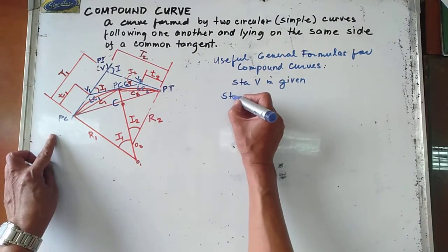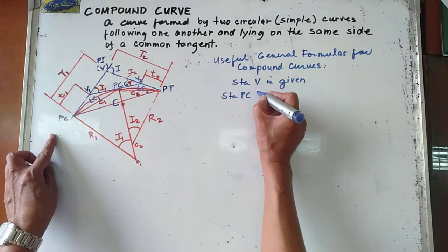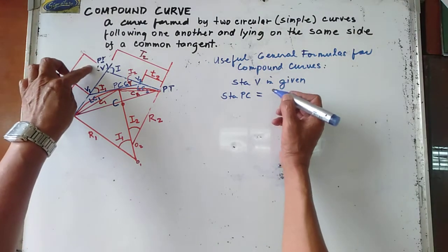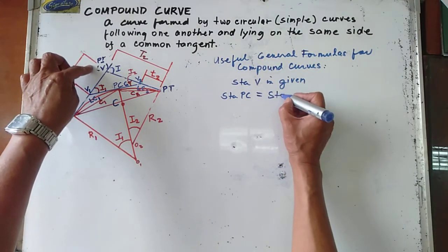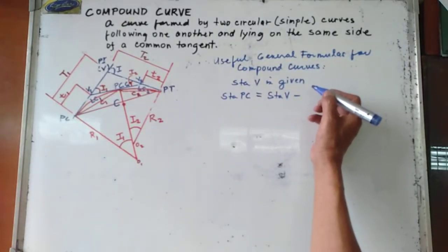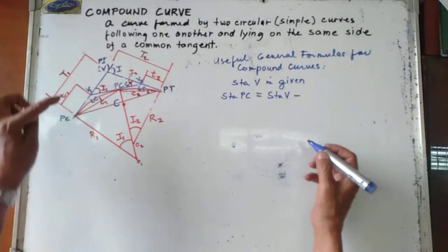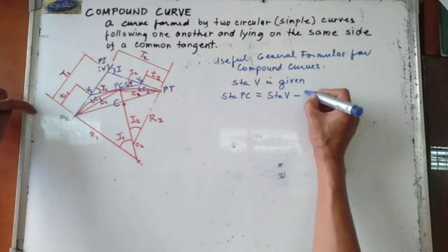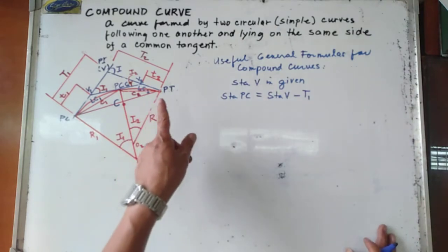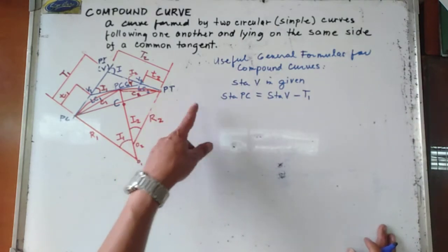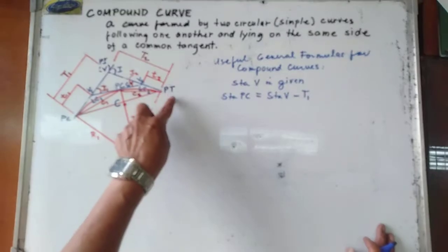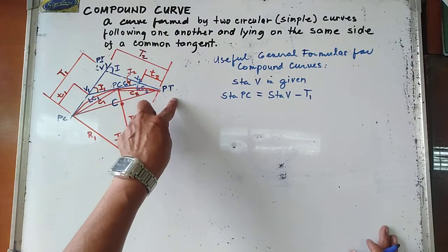So your station of the PC is now equal to station of the vertex minus your T sub 1. Now, if you try to get station PT, do not get station V minus T sub 2; it is station V plus T sub 2 that is station PT.